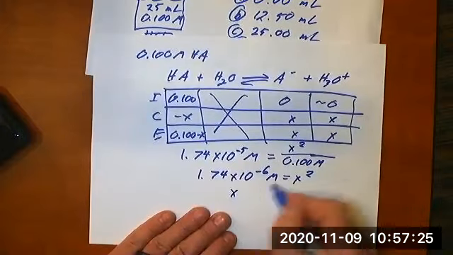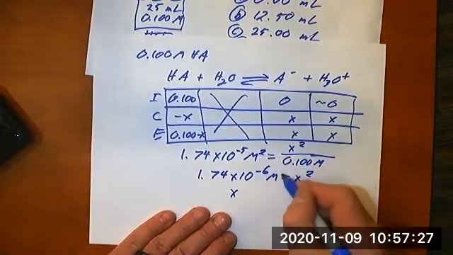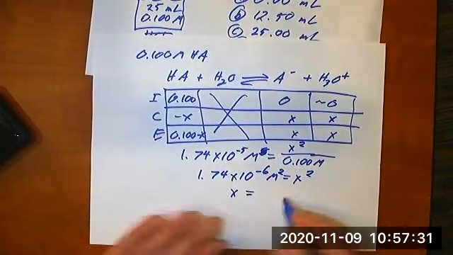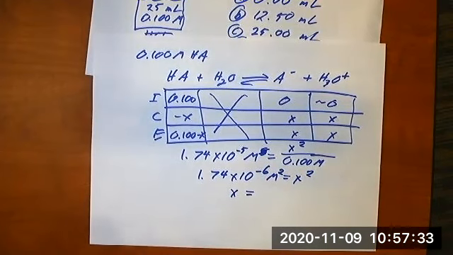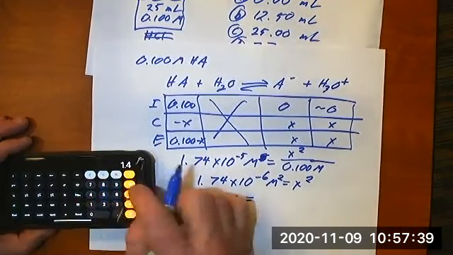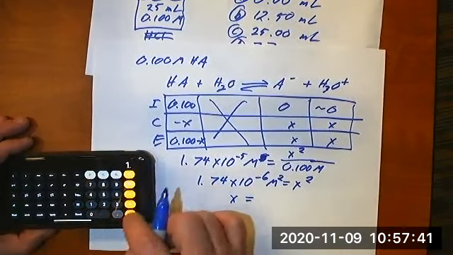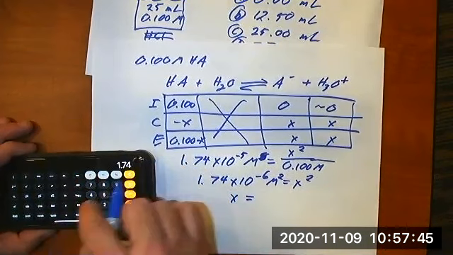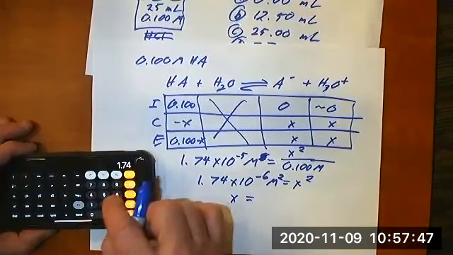And so x equals the square root of 1.74 times 10 to the negative sixth.